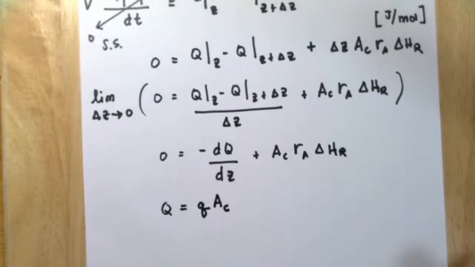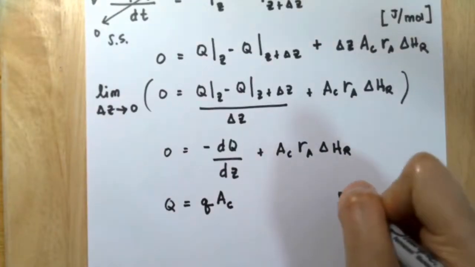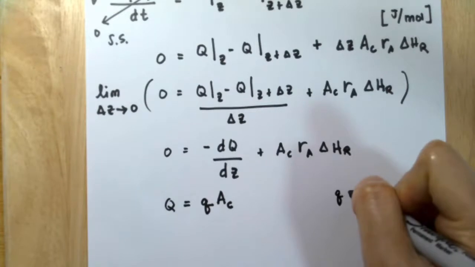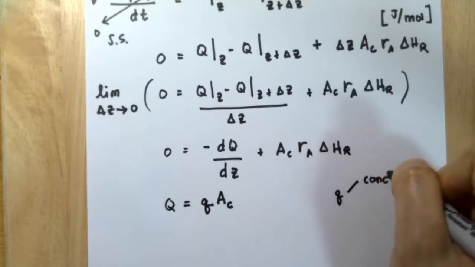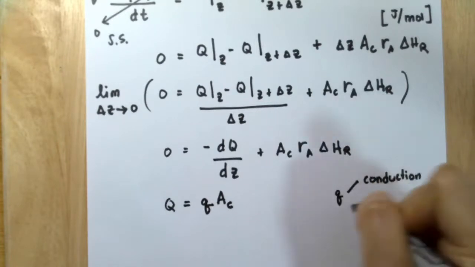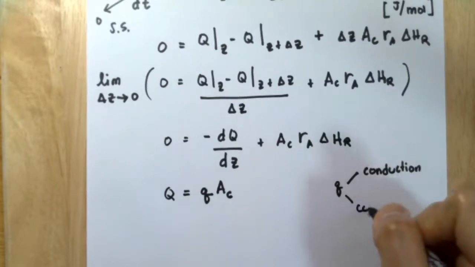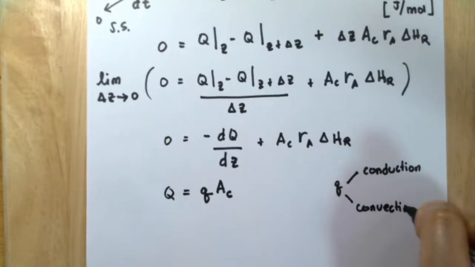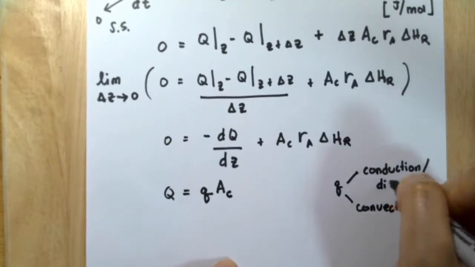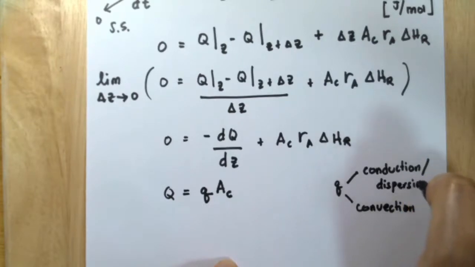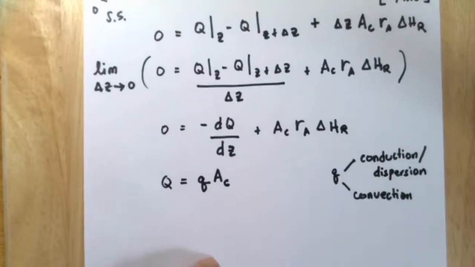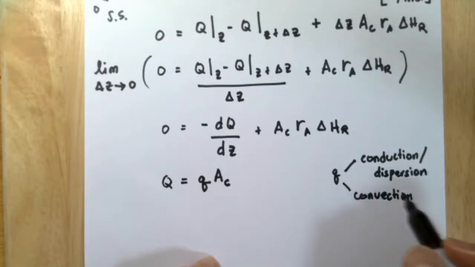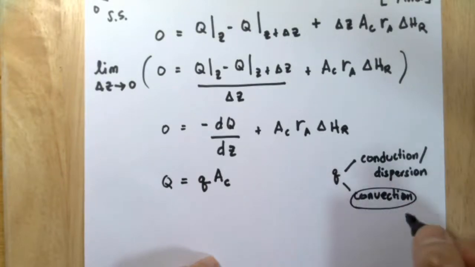The heat flux can be due to conduction or convection, or if you have turbulence, you can also have dispersion. We already assumed plug flow, so we don't have any axial mixing. So we only have convection for plug flow.